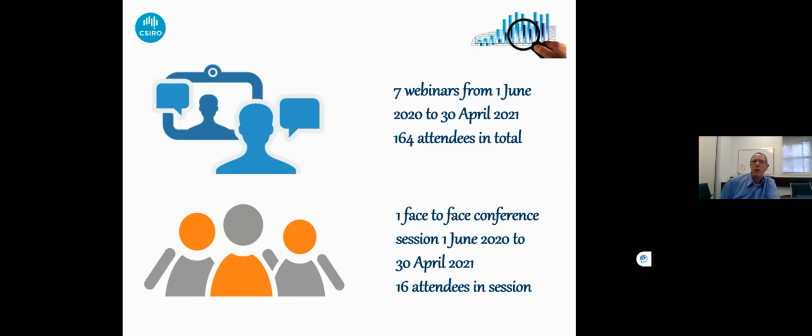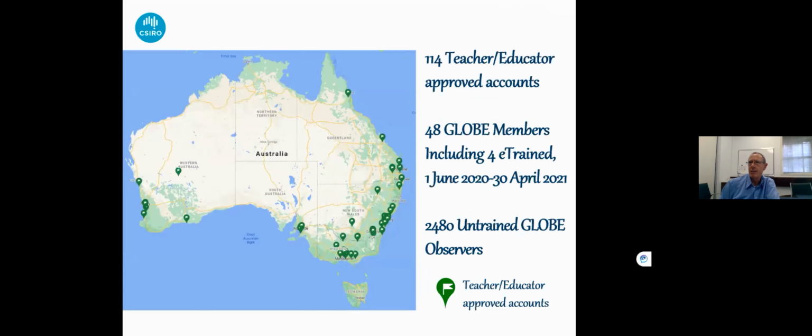might actually go. Over the past 18 months or so, I've recruited 115 approved accounts, teachers, educators, and 48 Globe teachers trained through a variety of different methods. Most recent ones, obviously, are e-trained ones.